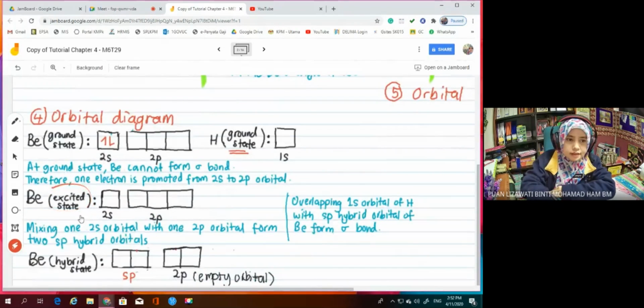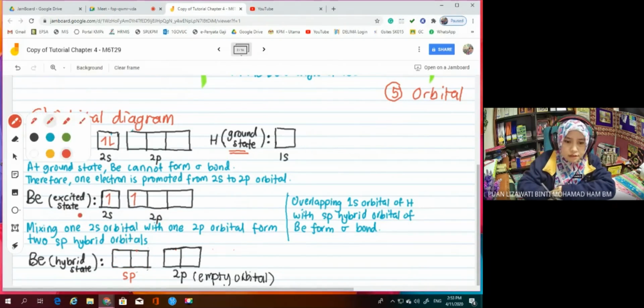At the excited state, there are two single unpaired electrons located in 2s and 2p. However, at the excited state the electrons are unstable. So how to make them stable? Both orbitals have to mix together. Mix one 2s orbital with one 2p orbital and it will form two sp hybrid orbitals.